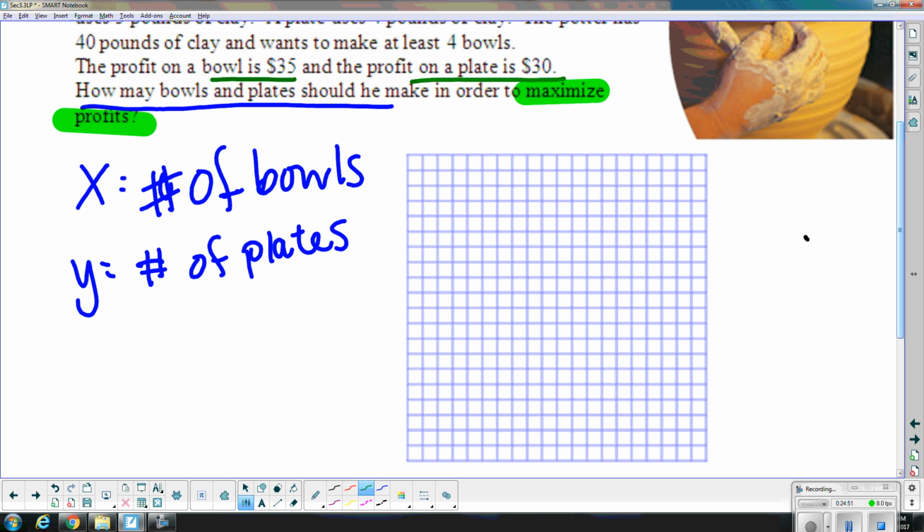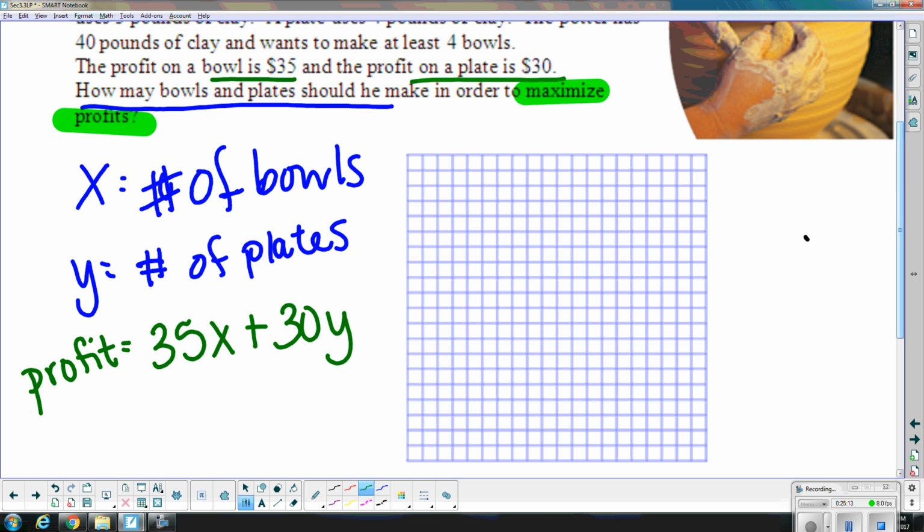Profit of a plate is $30. So our objective function is our total profit equals $35 for every bowl, which is our x value, plus $30 for every plate, which is our y value.